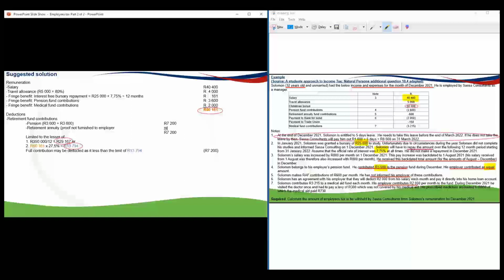The payment of the home loan as well as the trade union are not allowed as a deduction for employees' tax purposes, resulting in the monthly balance of remuneration of 42,961. So if you look at the allowable deductions for employees' tax purposes, the payment of a home loan as well as the payment to a trade union are not one of those deductions.